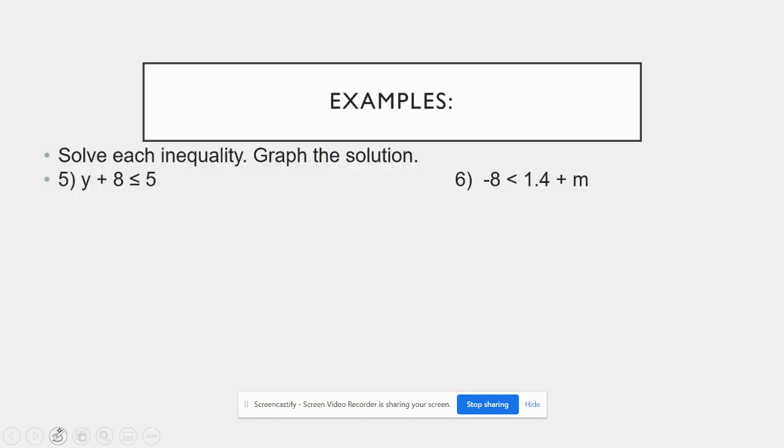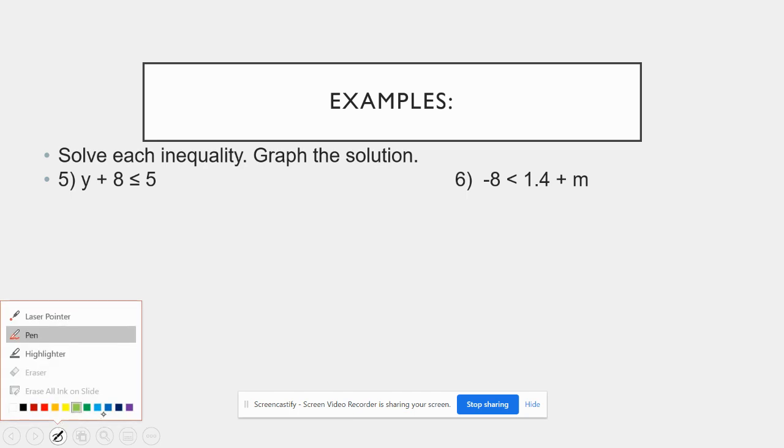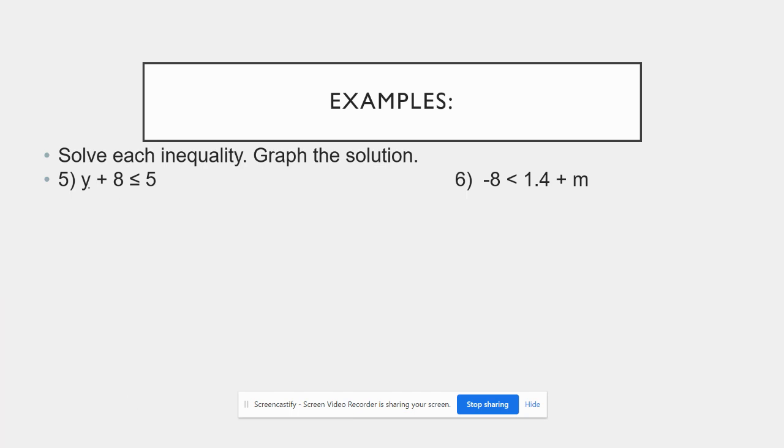Examples. So for examples on this, we have y plus 8. The opposite of adding 8 is subtracting 8 from both sides. We have y. 8 minus 8 is 0. And then 5 minus 8 is negative 3.